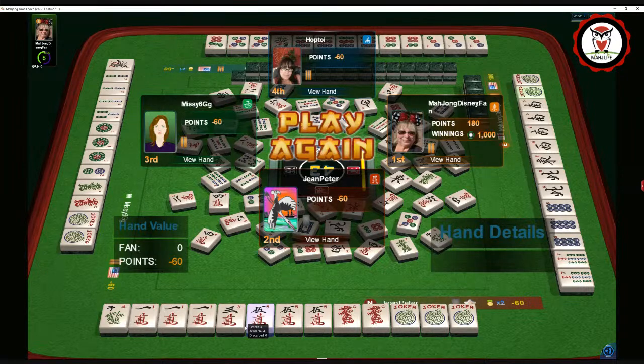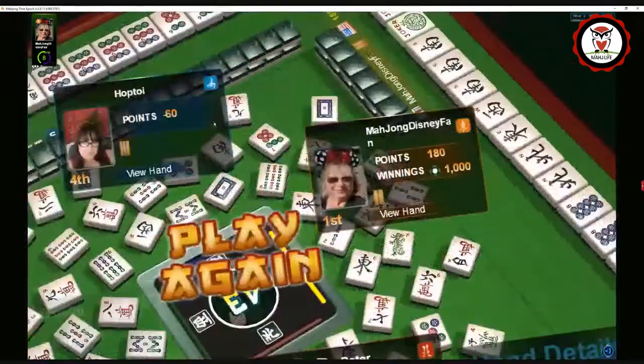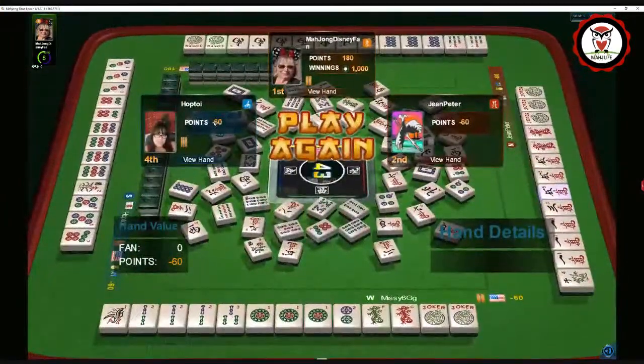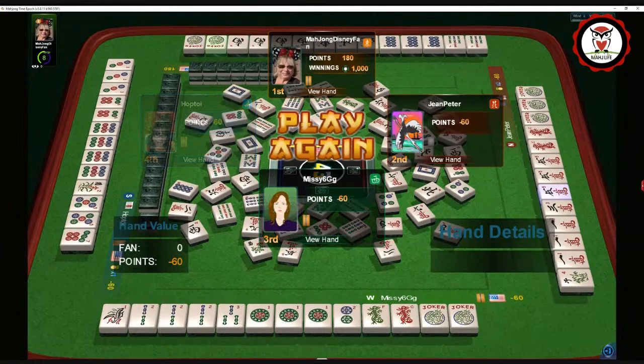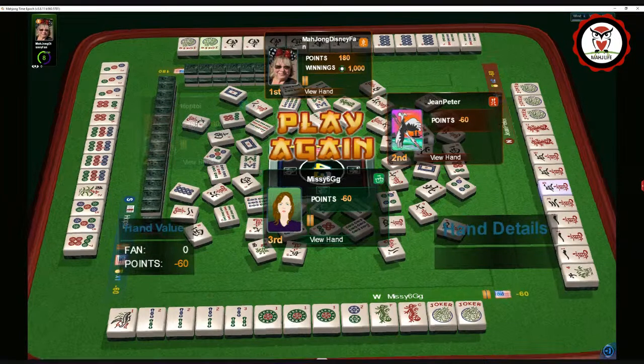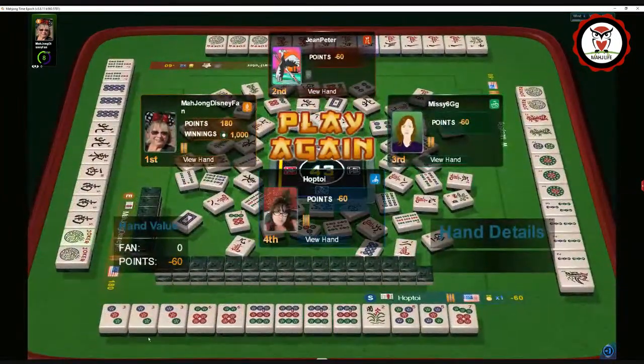They needed to Kong the 1 and 5, and then they needed either a 3 crack or a flower to get ready. And then here we have 1, 2, 1, 2, Pung Kong probably. And of course we needed the 3 dot, which is in the wall. And then flowers, of course, in the wall.